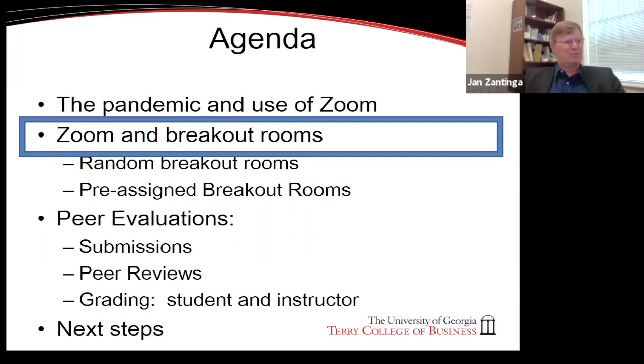And what are the kinds of things that we need to change in order to make sure that the experience of the students in the classroom as well as outside of the classroom is still sufficient to learn the objectives that I have set out? And part of the objectives then is I want my students to do peer evaluations. I don't want my students to sit in a breakout room and talk about random topics.